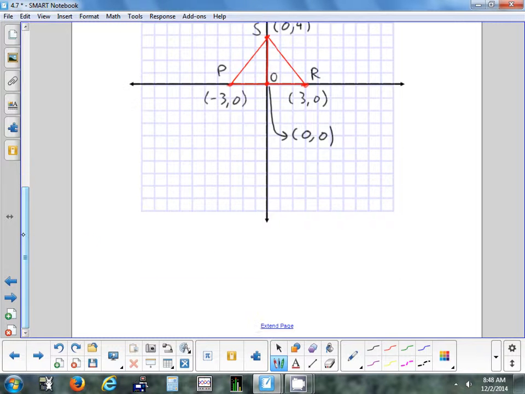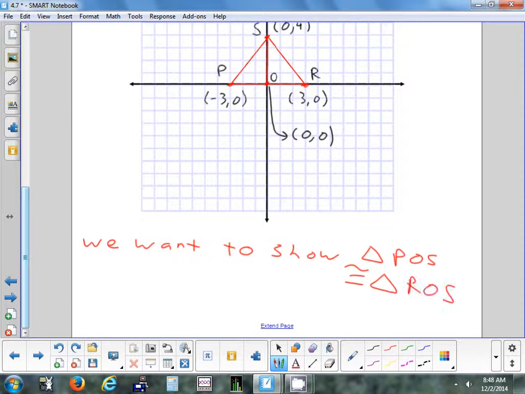All right, so let's write down what we want to show. Sometimes they abbreviate that WTS, want to show. So we want to show triangle POS is congruent to ROS. That's our goal.